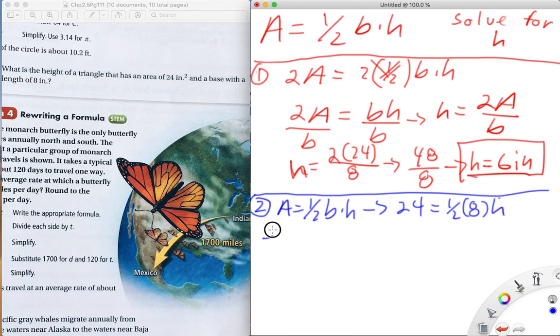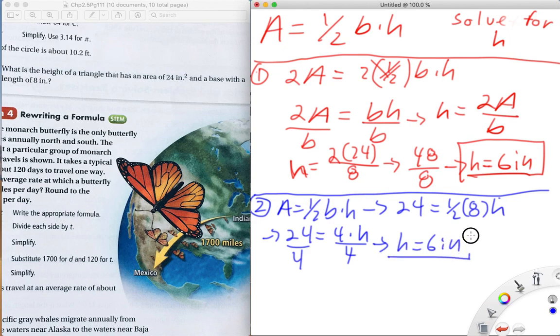That gives me 24 is equal to 4 times the height. Divide both sides by 4 because I want h by itself. Then I can say that h is equal to 6. Either way gets you there, and they're both equally correct.